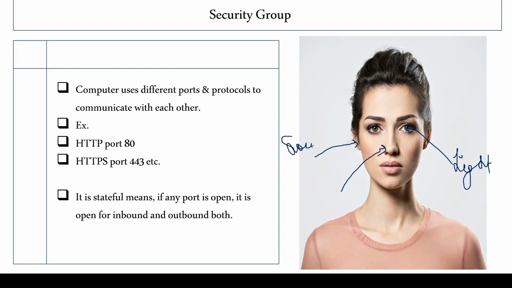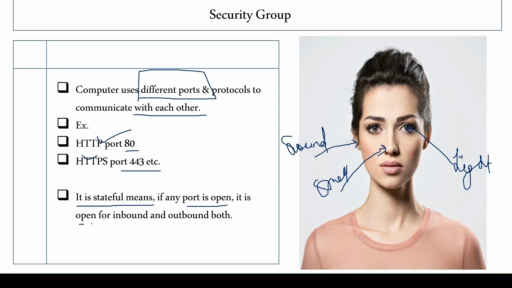Similarly, a security group has different ports to communicate with each other. For example, HTTP port 80, HTTPS port 443. And it is stateful, meaning any port which is open is open for both inbound and outbound; it remembers. So if we open port 80 for inbound, automatically the outbound traffic will also go from port 80.